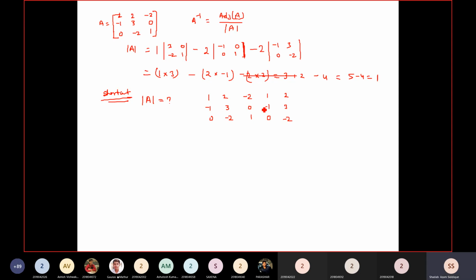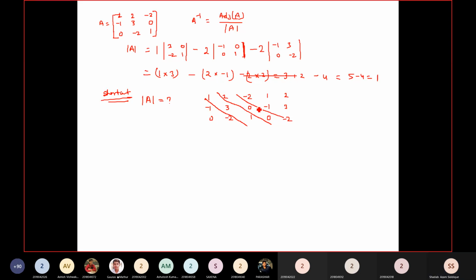So try to see. I'll draw a diagonal line, starting from this point and ending at this one, and again I'll draw this one, and again this one.